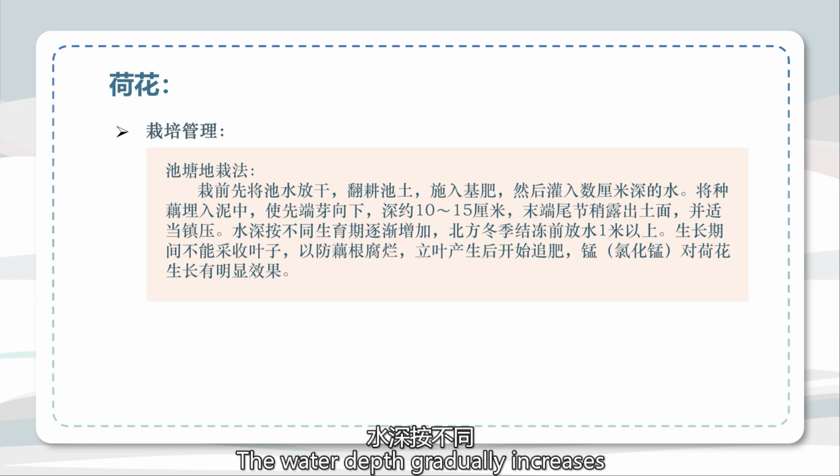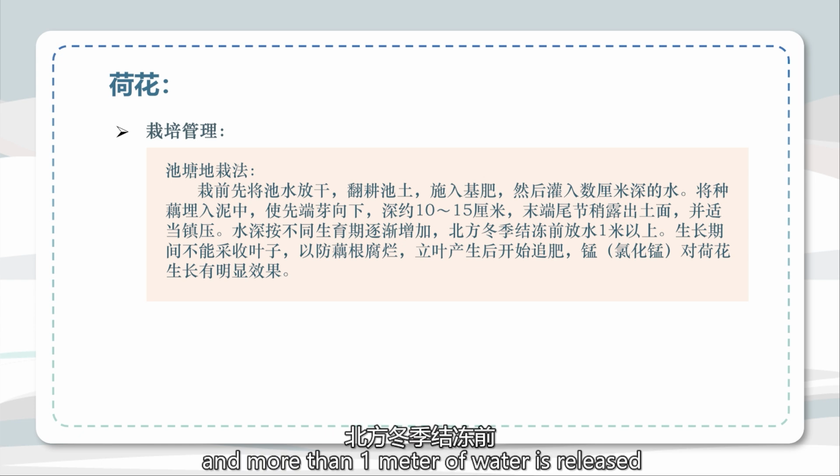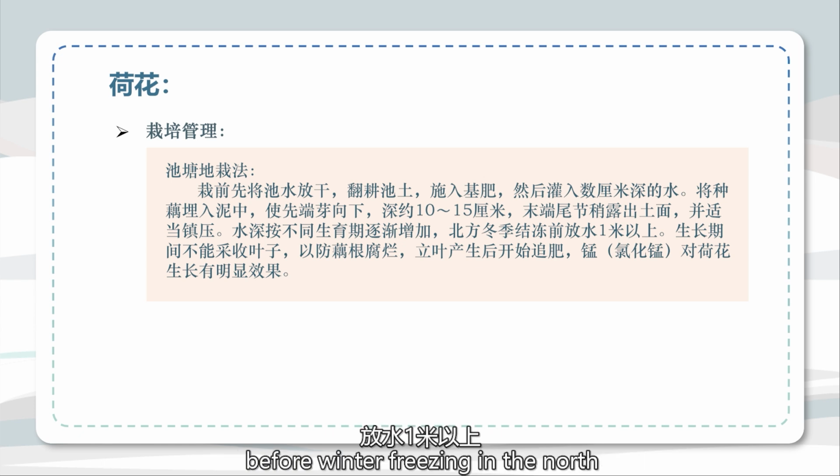The water depth usually increases according to different growth stages, and more than 1 meter of water is released before winter freezing in the north. During the growth period, leaves should not be harvested to prevent root rot. Fertilization should be applied after the emergence of standing leaves. Manganese chloride has a significant effect on the growth of lotus flowers.